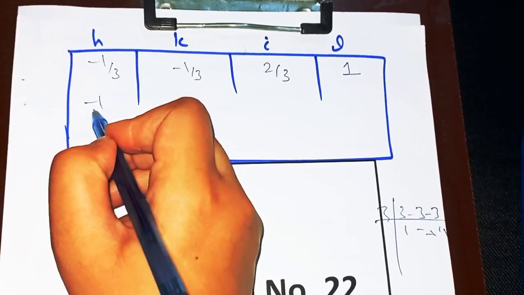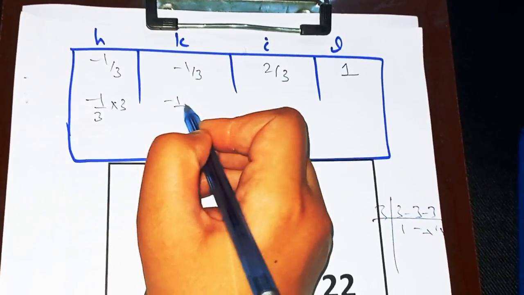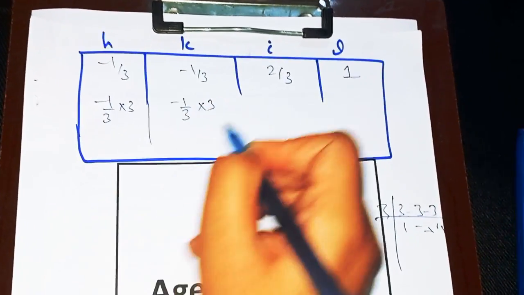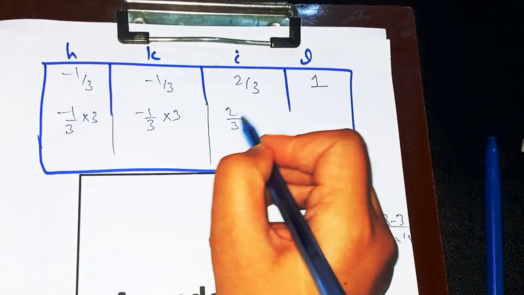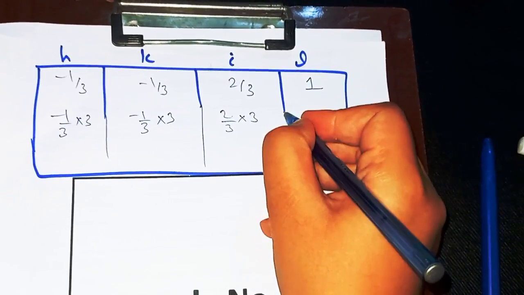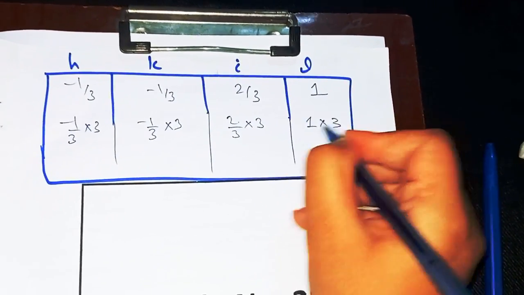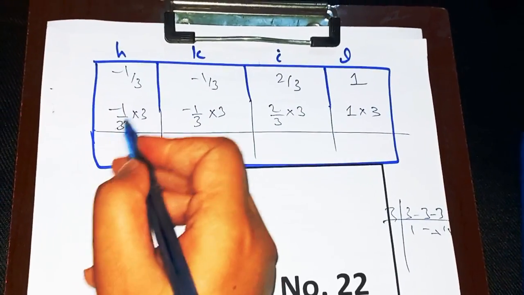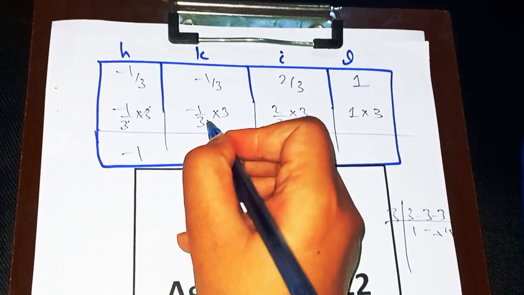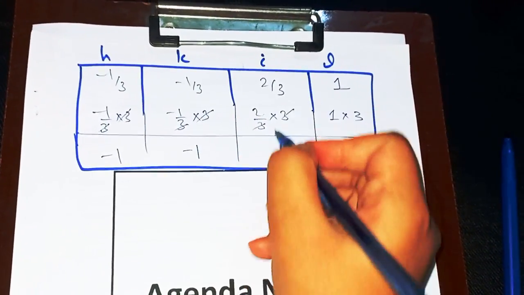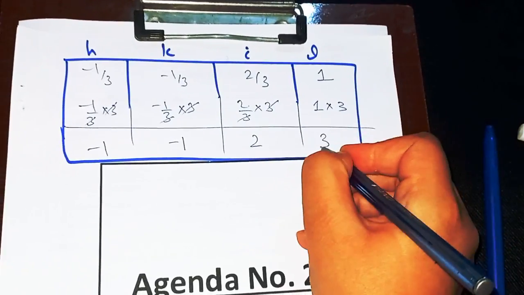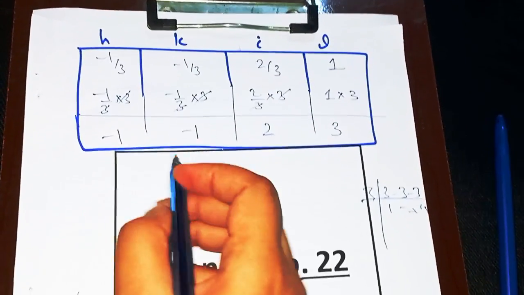So multiplying 3 with each of these indices, because mathematically you have to do a process on everything to neutralize the effect. So 3 cancels out and it's -1. 3 cancels out, it's -1. 2, 3 ones are 3. So these are the final Miller-Bravais indices.